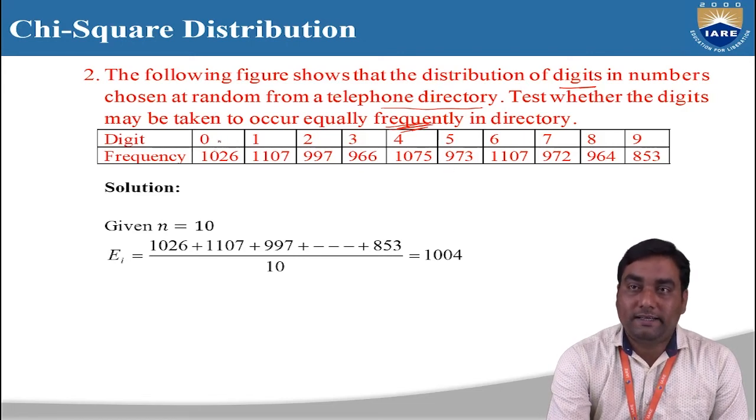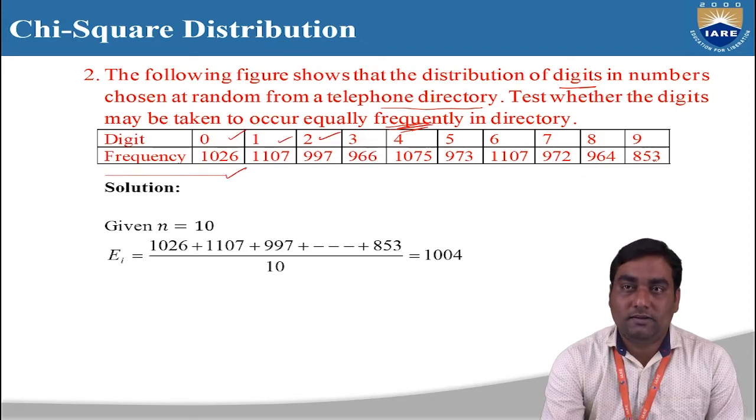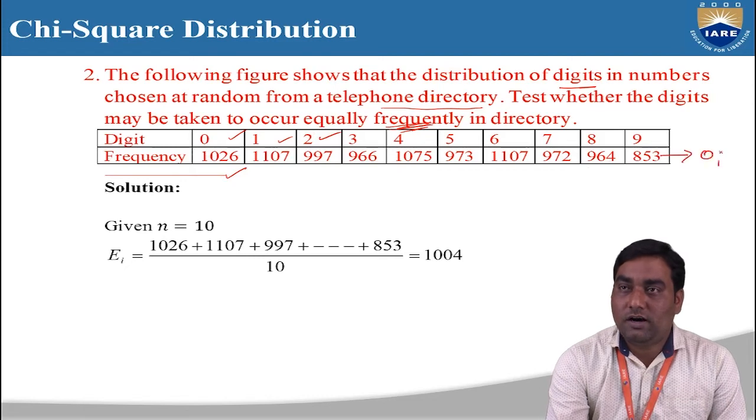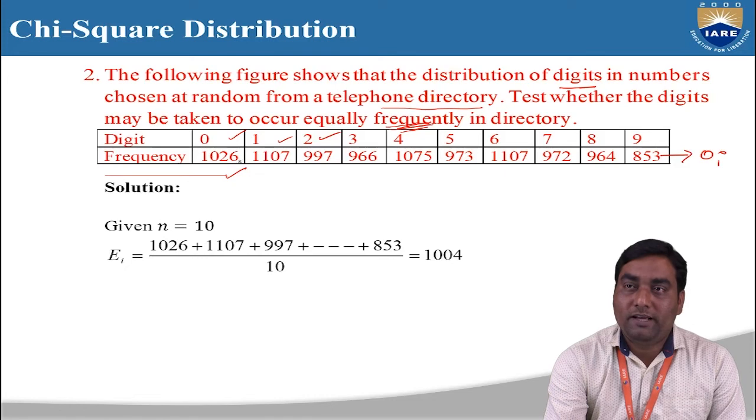In the telephone directory, we have digits 0, 1, 2, 3, up to 9. The frequency, how many calls we got for 0, for 1, for 2, for 3, like that. These are the observed frequencies given. How many observed frequencies are there? 0 to 9, so totally n equals 10.